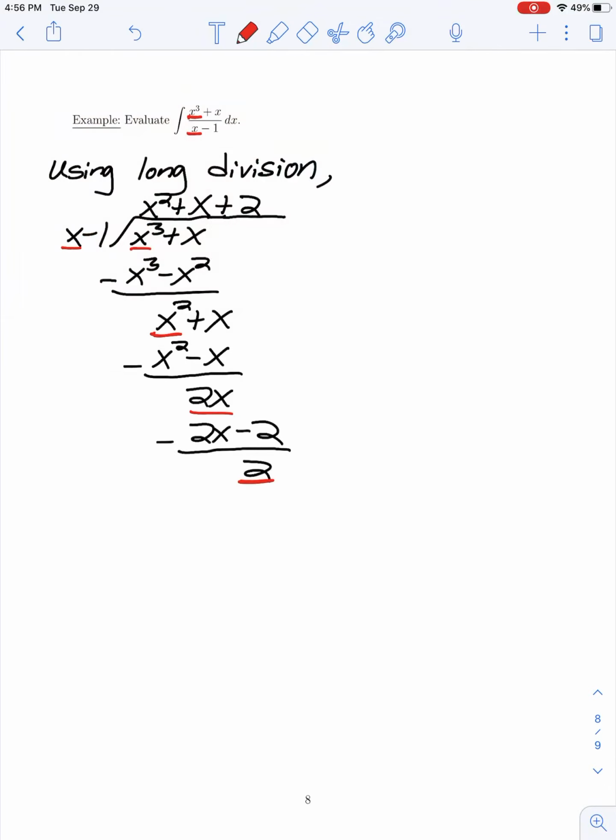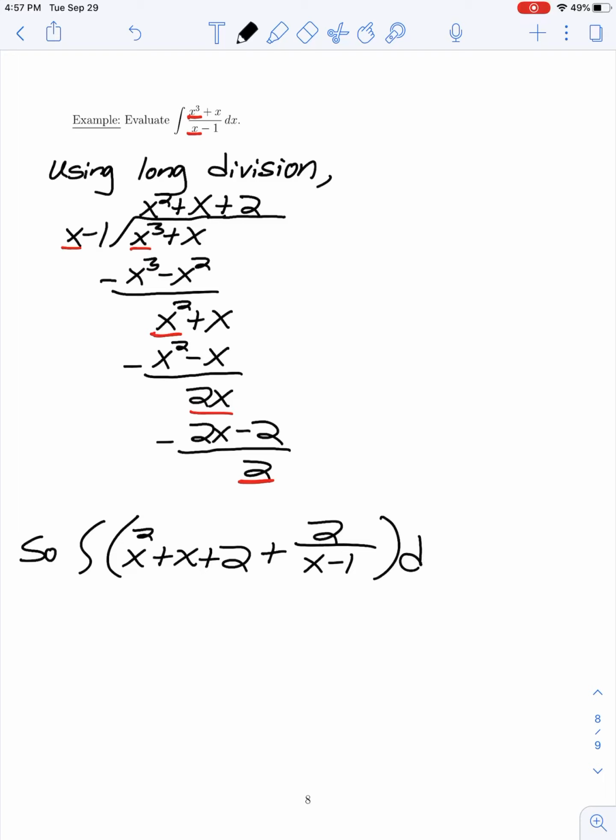And now x no longer divides this constant term, 2. So this would be our remainder. So after performing long division, we're left with x squared plus x plus 2 plus my remainder 2 over (x - 1).